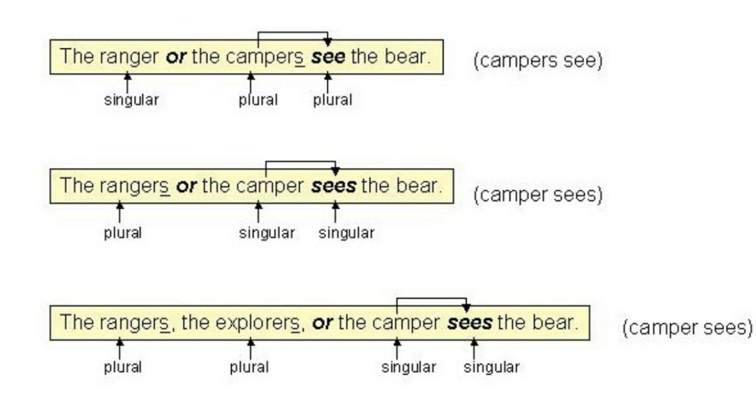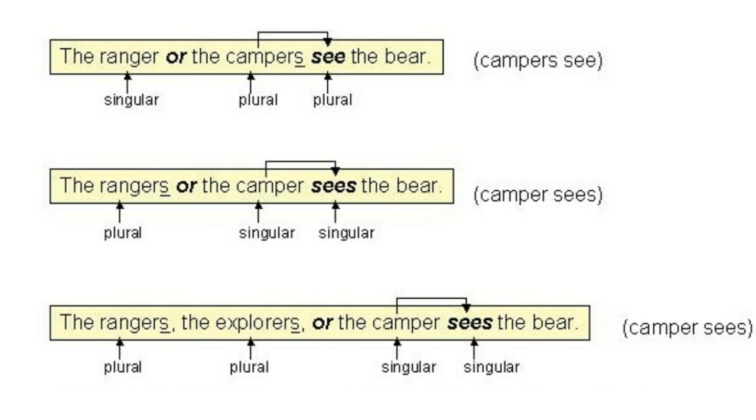The ranger or the campers. So which subject is near to the verb? The campers. So we should consider the subject which is closer to the verb. Here the subject closer to the verb is the campers, and it's in its plural form. That's why we used a plural verb.